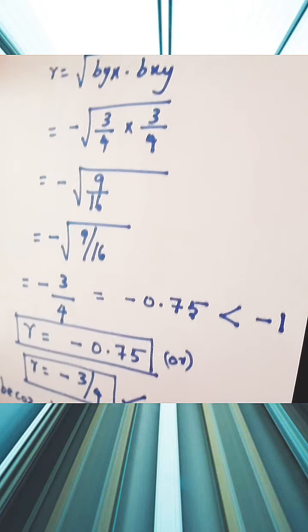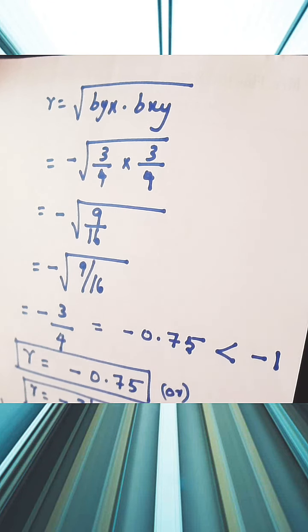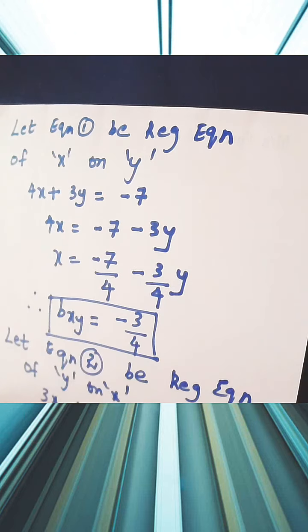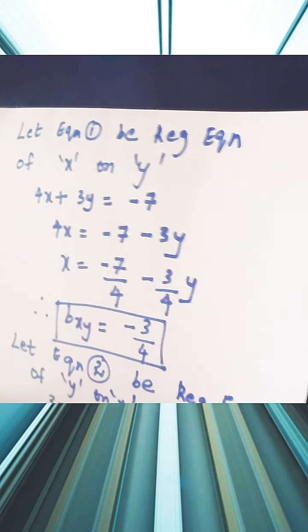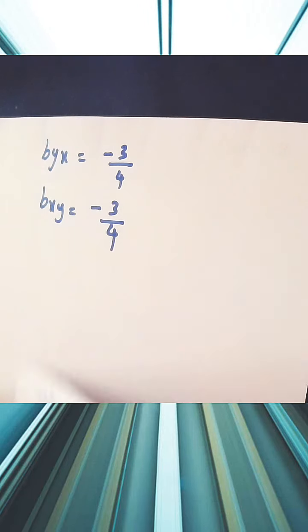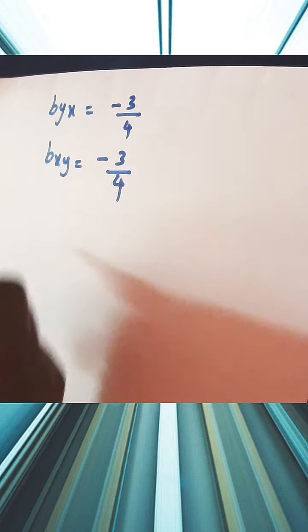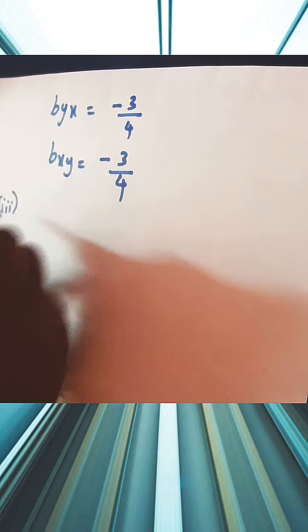The values of byx and bxy are both -3/4. Correct?